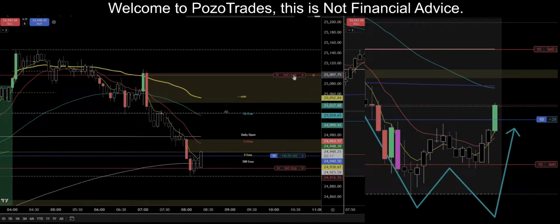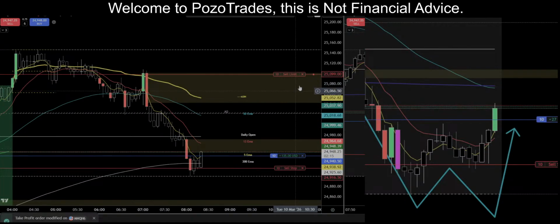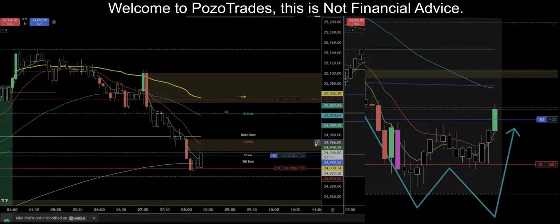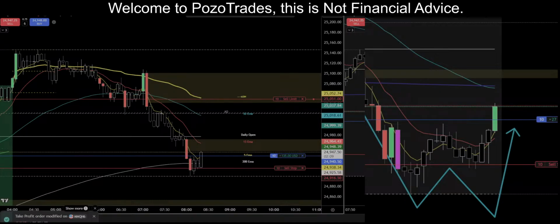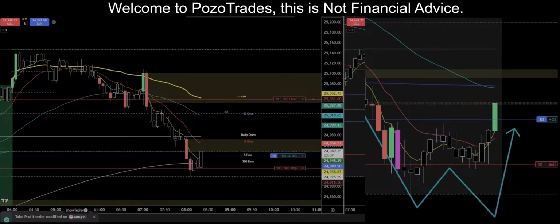I think I am going to extend this. Or actually, let's aim for like London VWAP. That's a trade that makes sense to me, back to VWAP. I like that.